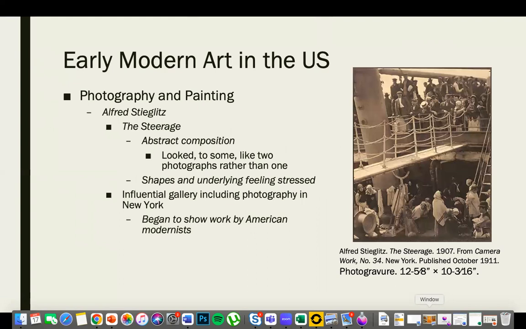Some photography and painting from early modern art and its influences as well. Alfred Stieglitz is a really big name in early photography. He starts to play with photography not only being a new development in technology but also a new development in art.